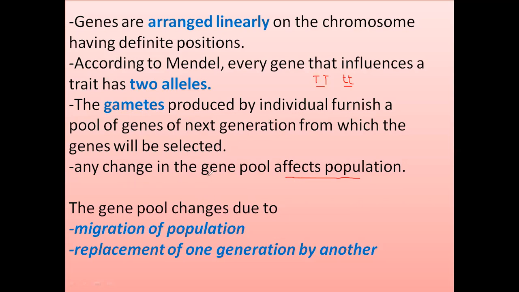Gene pool changes due to migration of population and replacement of one generation by another. You are going to study in detail in the further slides. What are the reasons for the changes in the gene pool? Migration of population and replacement of one generation by another.